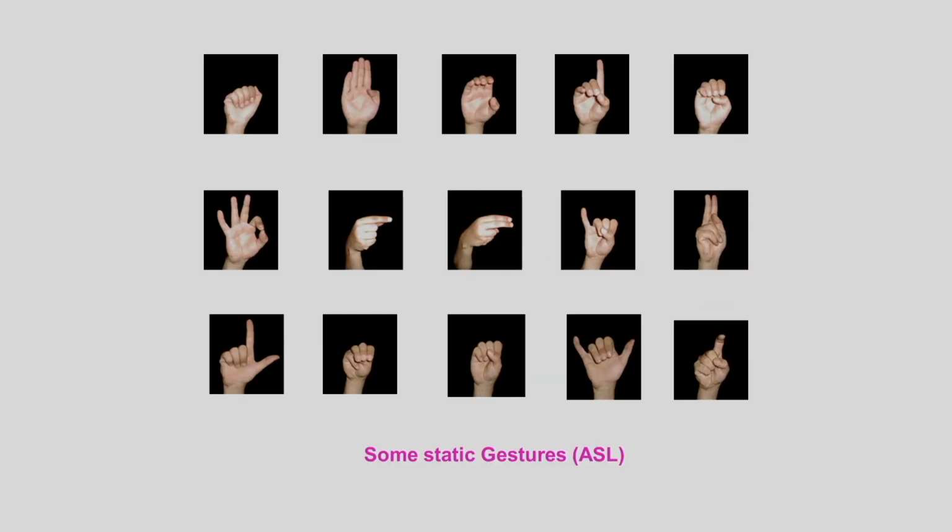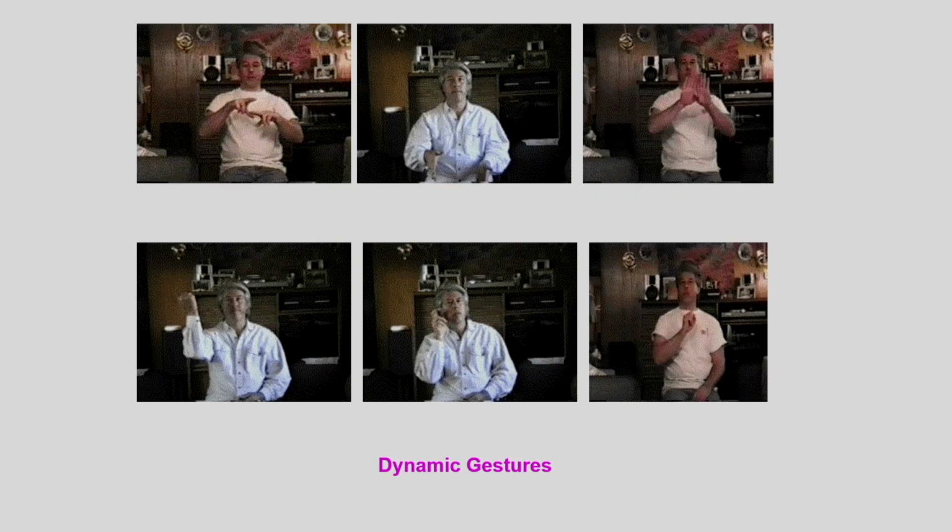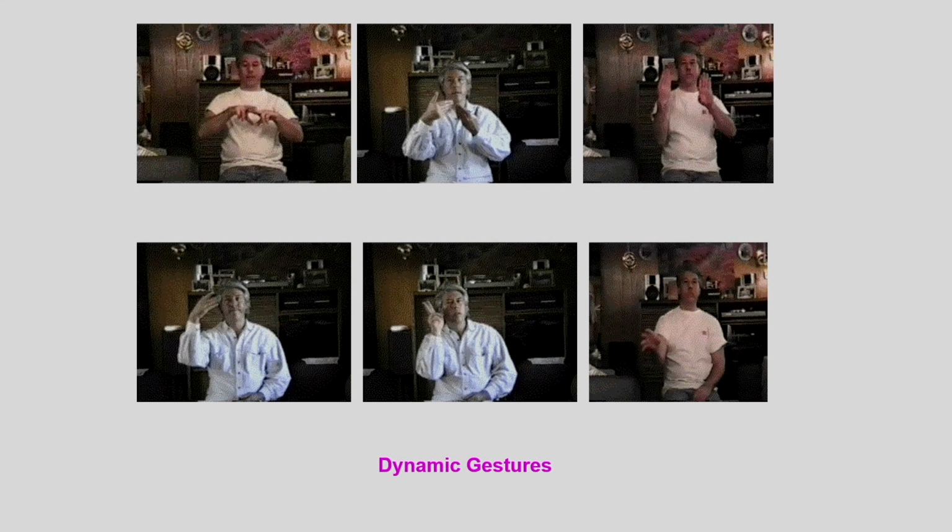So here you can see I am showing some static gestures of American Sign Language. In this case I need the information of the hand shape. So with this information, that means the shape information, I can recognize different static gestures. And here you can see I am showing some of the dynamic gestures. Here you can see the movement of the hand and also the finger movements.